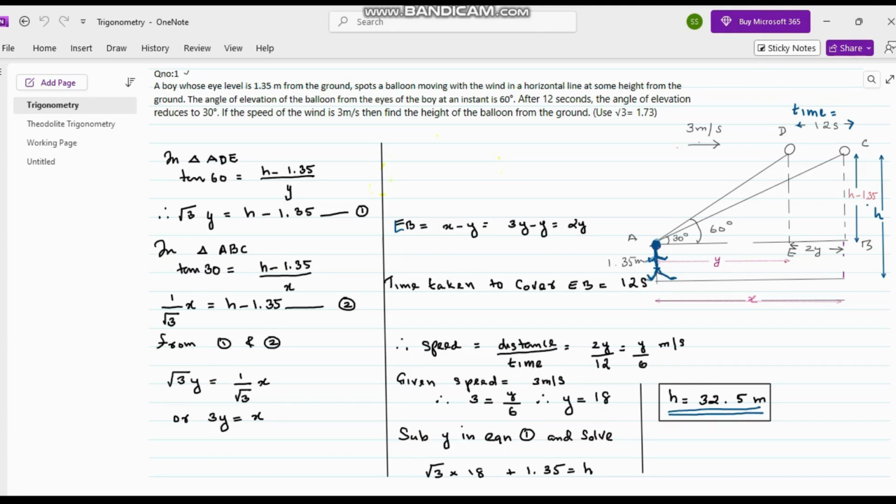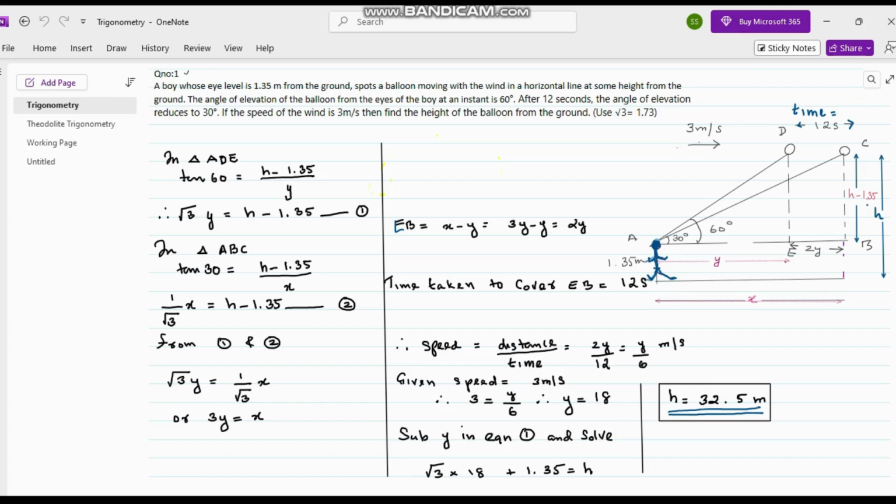We are assuming that the height of the balloon from the ground is h and the height of the boy is 1.35 meters. Therefore, obviously, the height of the balloon above the boy is h minus 1.35. So here the opposite side is h minus 1.35 and the horizontal distance is y. Then tan 60 is equal to h minus 1.35 by y.